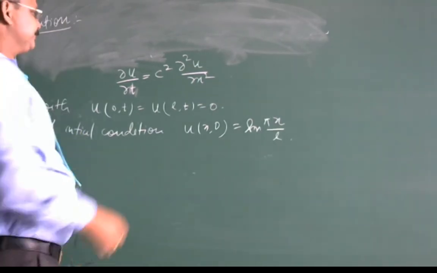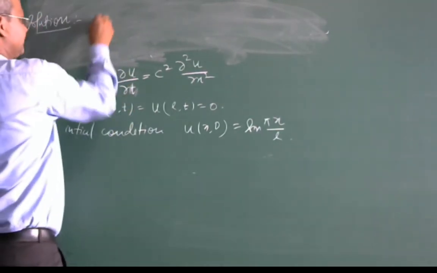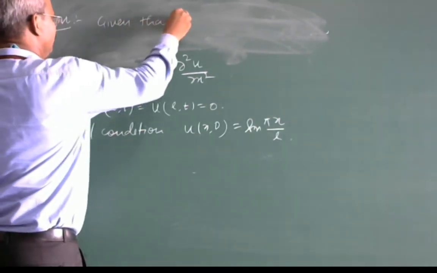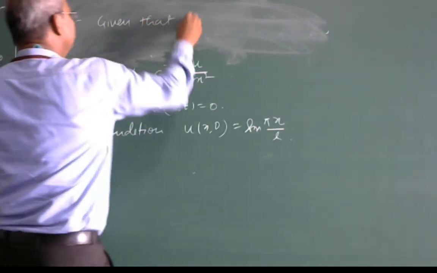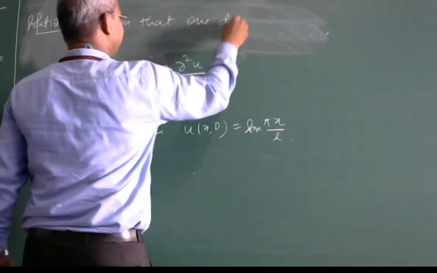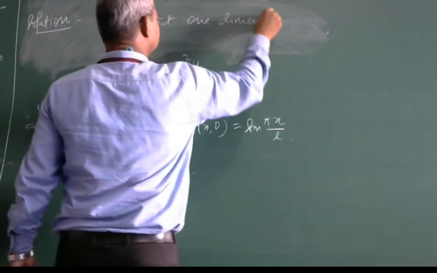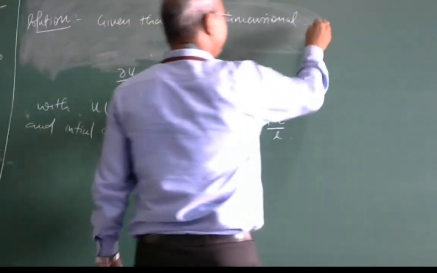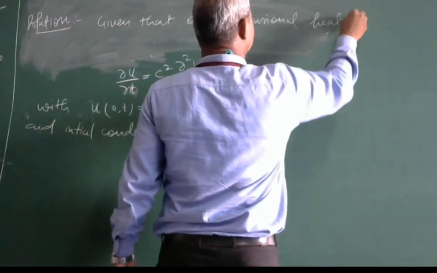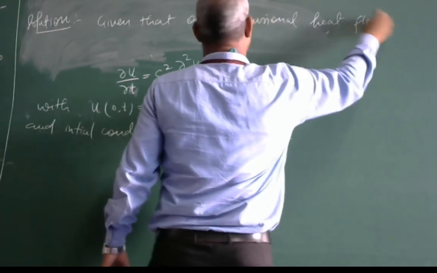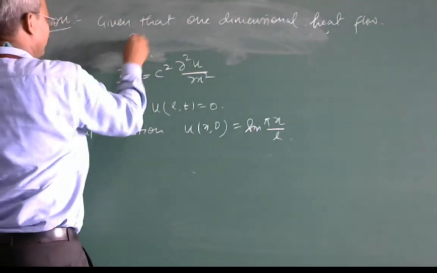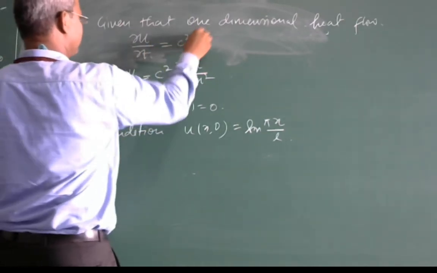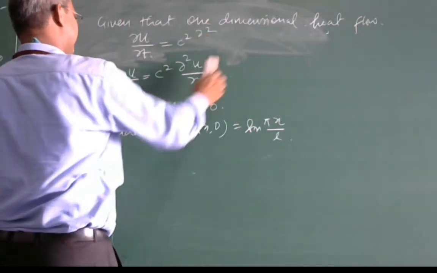Solution is here. Here given one-dimensional heat flow, that is del u by del t equal to c square del 2 u upon del x square.